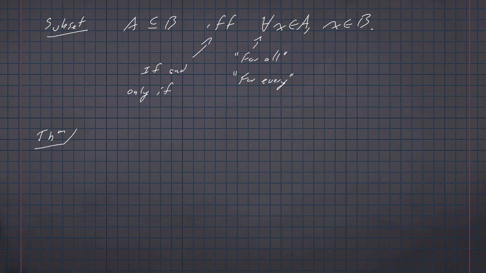And with that, we get to the first theorem of the course, which is kind of a strange theorem. For any set A, A is a subset of A. The value in mathematics of a theorem is that a theorem is establishing nothing new.